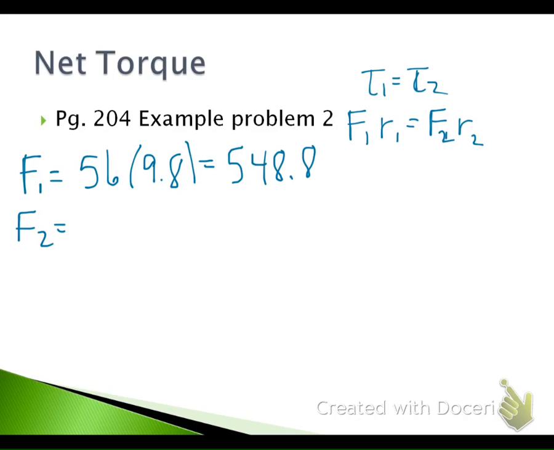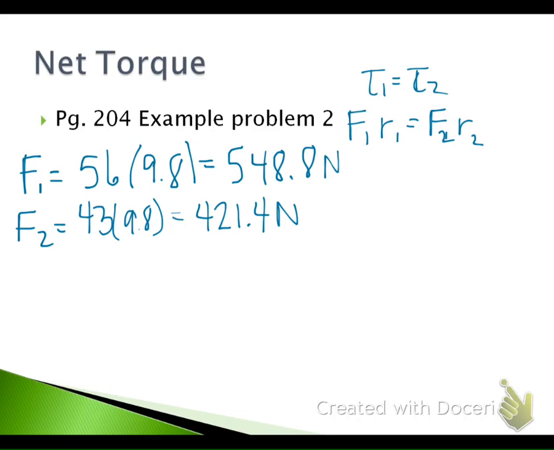We're going to take our 43 kilogram girl times 9.8, and we get what? 421.4, and these are both forces, so they're in newtons. So all we've done right now is solve for the force that's acting on each of them. Now we're going to start looking at the radius that each of them needs to be from that pivot point in order for us to get an exact balance.